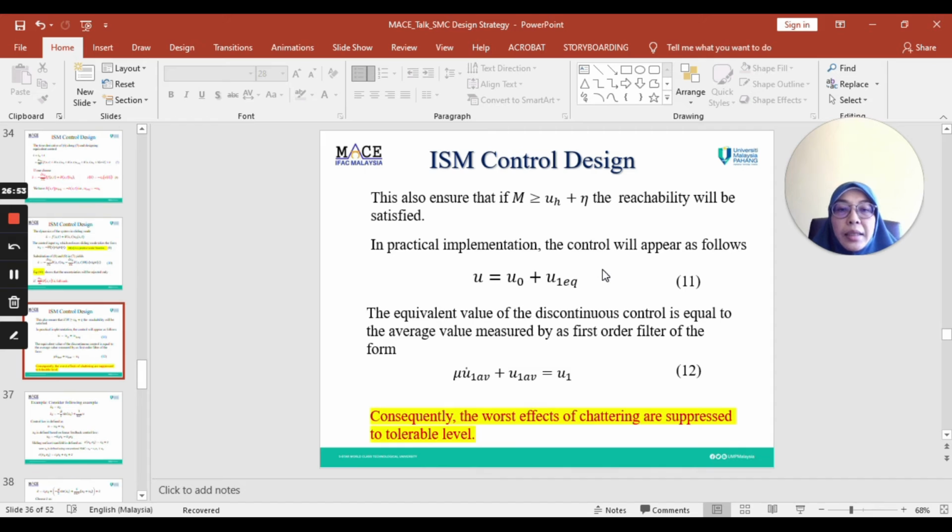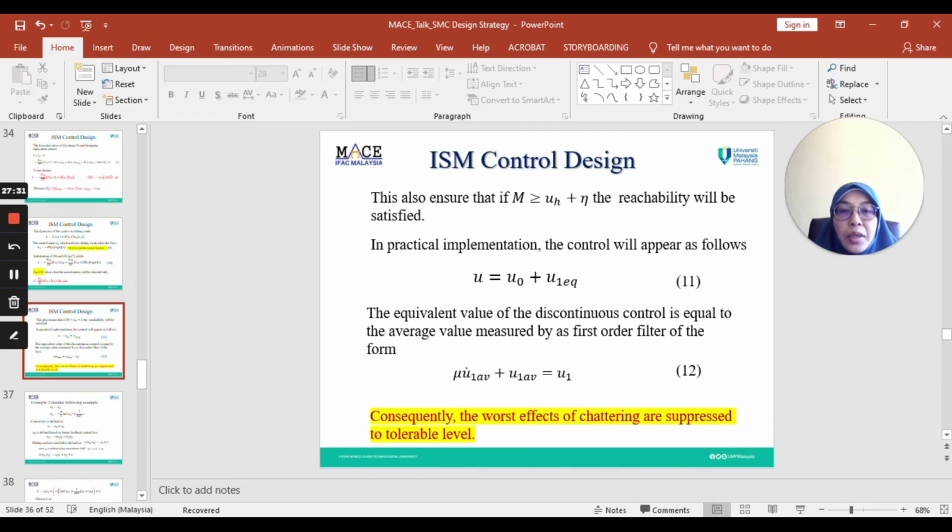And in practical implementation, the control will appear as u naught plus u1 eq, and the equivalent value of this continuous control is equal to the average value, obtained with a first order filter of this form. This is explained in detail in the paper in the reference section.